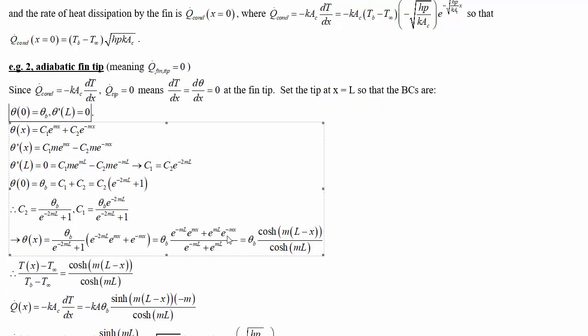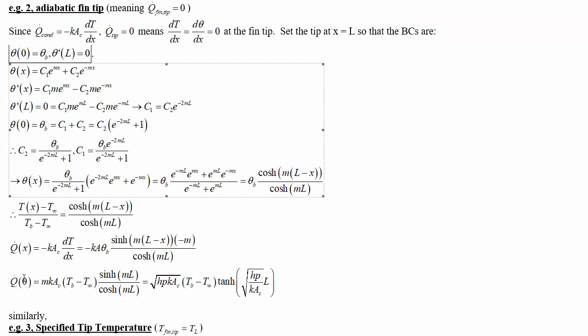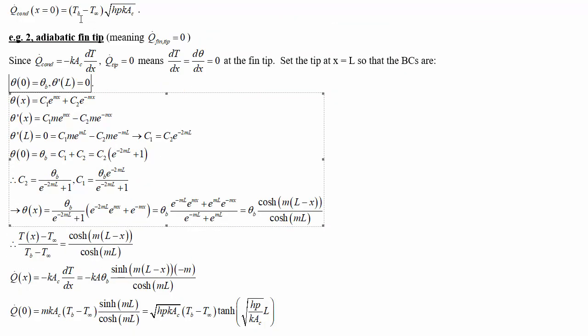So substituting back in what theta was, T at x minus T infinity over Tb minus T infinity is cosh m L minus x over cosh mL, and the heat dissipated by the fin proceeding as we did before by taking the derivative, multiplying by negative KA, and then substituting in x equals 0 gives us this formula. So the result is actually similar to the infinitely long fin, but with a tanh at the end of it.